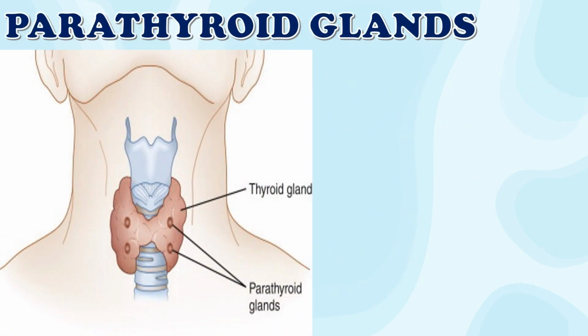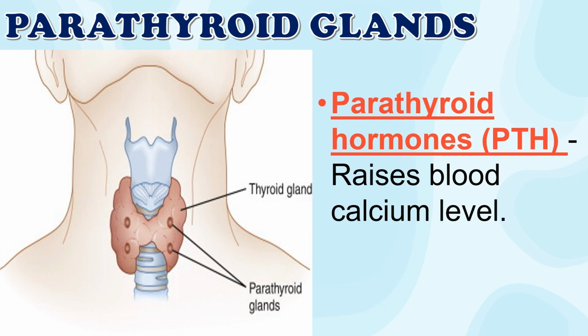Next, we have the parathyroid glands. Dito papasok yung ating parathyroid hormones or yung ating PTH, which raises blood calcium. So, kanina si calcitonin nga po, kaya nasabi ko na opposing the action of parathyroid hormones kasi ito ay lowers the calcium level while the parathyroid hormones raises the calcium level.